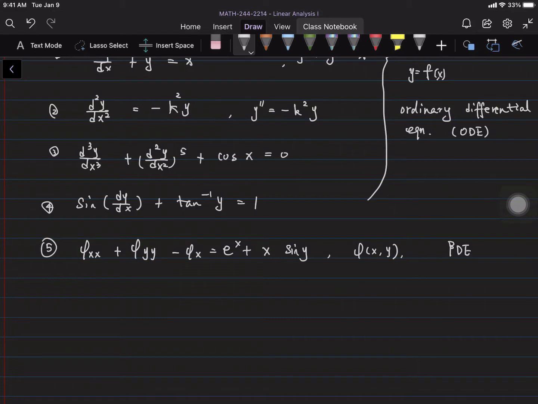Okay, this is the first definition, and now let's take a look at the second definition. The second definition is the order of a differential equation.